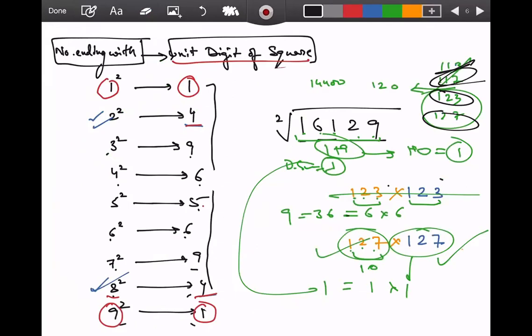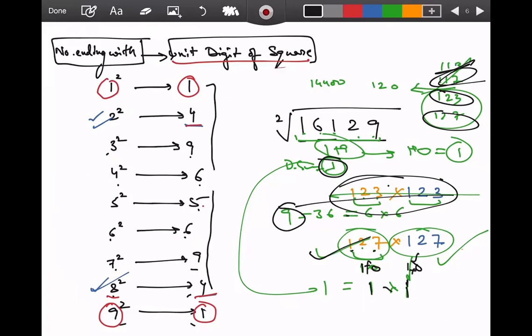You can eliminate that way. In this case, we were getting our digital sum as 9, but we wanted 1. So you can directly mark your answer without even checking, but even if you check it, you get 10 here. 1 plus 0 gives you 1. Similarly, 10 here, 1 plus 0 gives 1. 1 into 1 is 1. So your digital sum is 1. Therefore, the correct answer should be this.